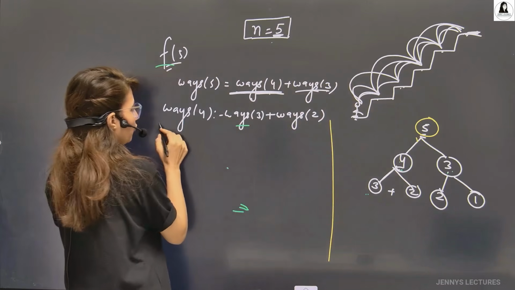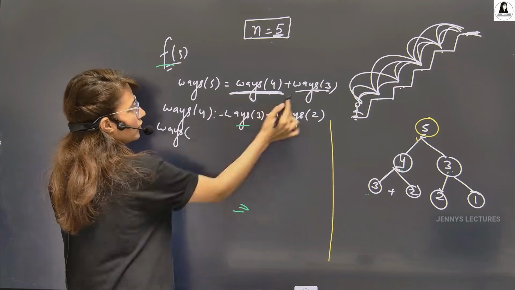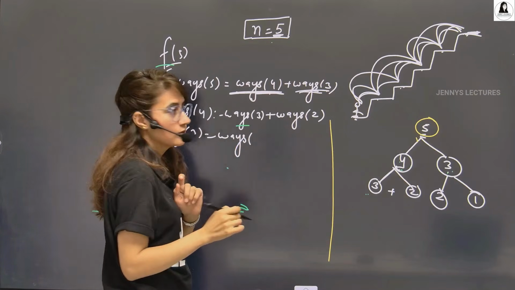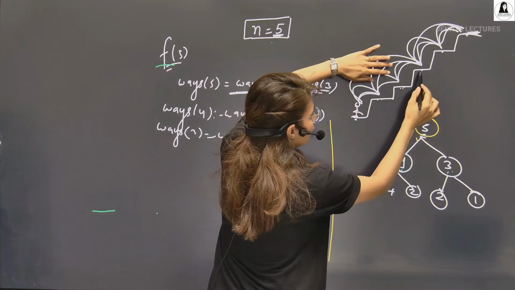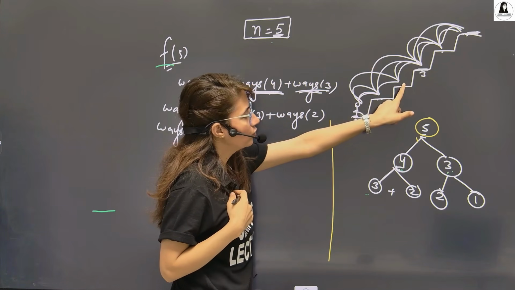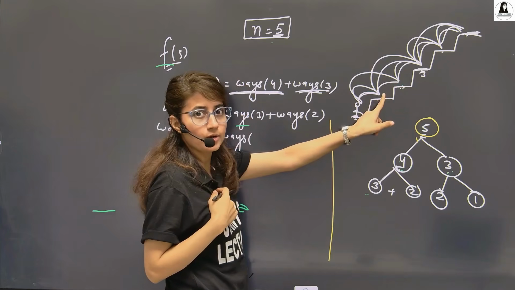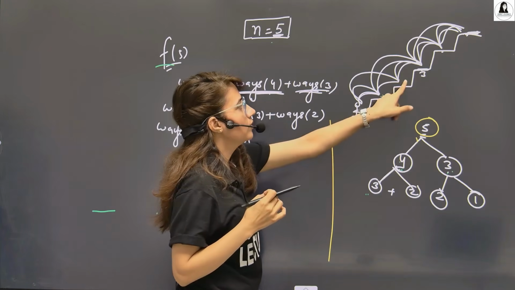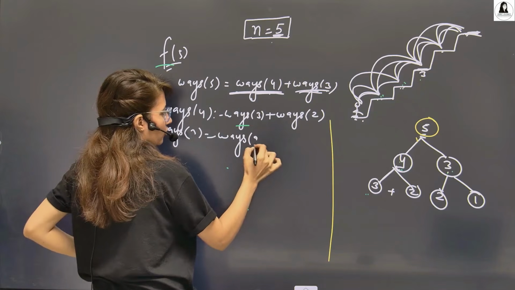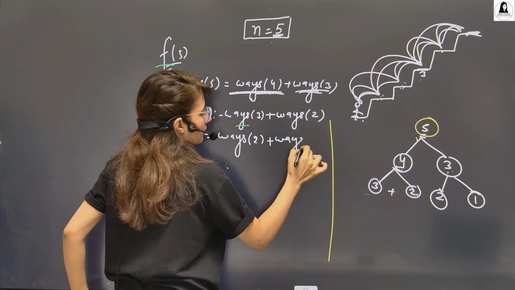So the number of ways to reach till 3 is equal to, to reach till 1, 2, 3, here. If you know the number of ways to reach till here and to reach till here, you can add these two and that will be the total. Number of ways till 2 plus number of ways till 1.